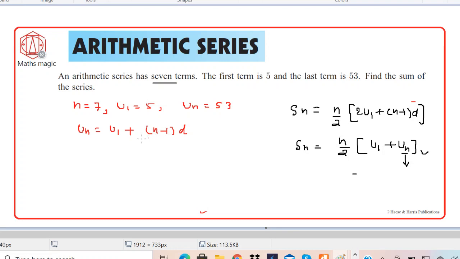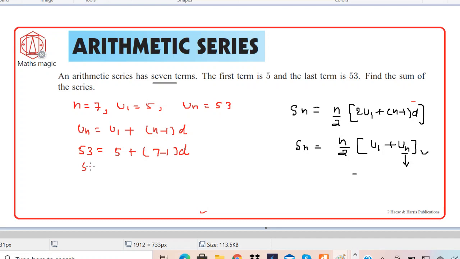We have un is equal to 53. So let's write 53 equals u1, which is 5, plus (n minus 1), so (7 minus 1) times d. Okay, so let's simplify this.